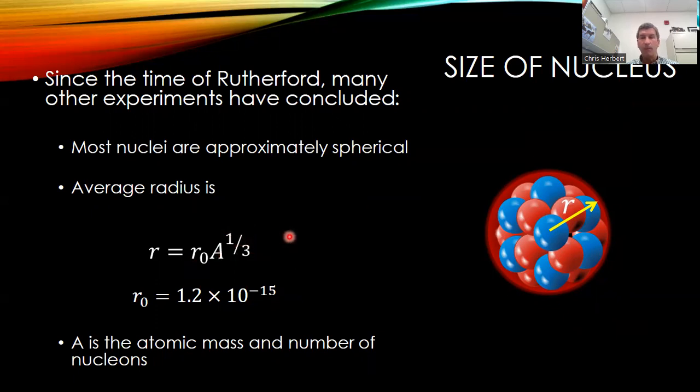Where does this come from? Well, the volume of a sphere is 4/3 pi r cubed. So every time I add a nucleon, it adds volume. So the volume is proportional to the radius cubed. The radius is therefore proportional to the cube root of the volume, and the volume is proportional to how many nucleons I put in that nucleus.